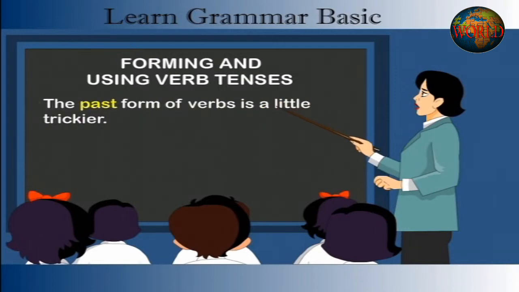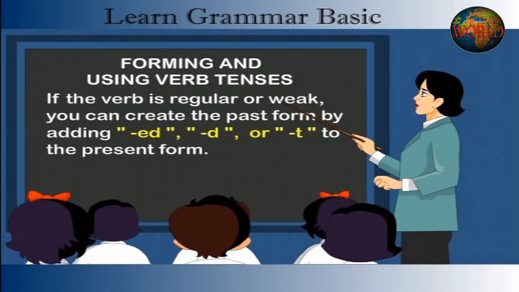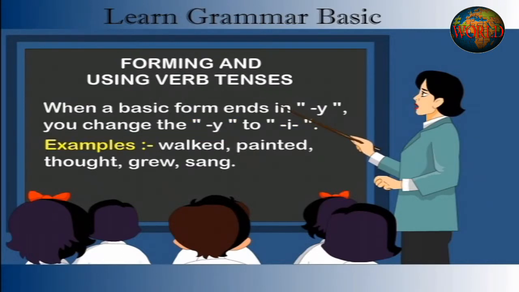The past form of verbs is a little trickier. If the verb is regular or weak, you can create the past form by adding ed, d or t to the present form. When a basic form ends in y, you change the y to i.